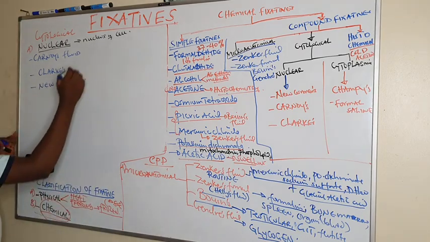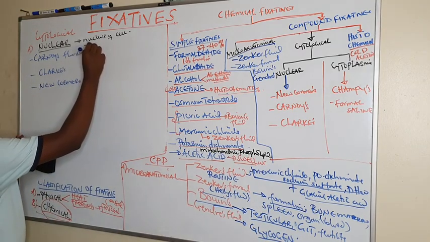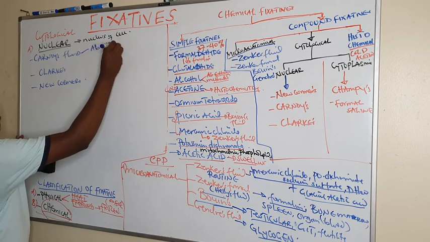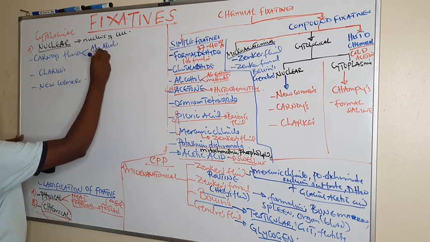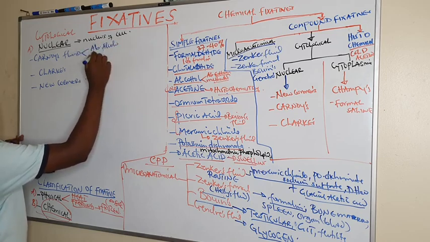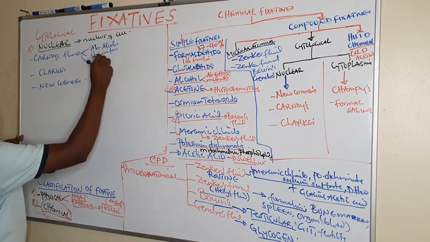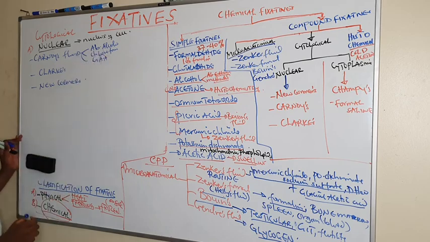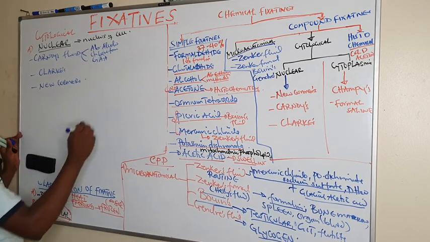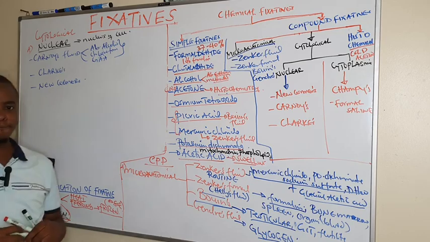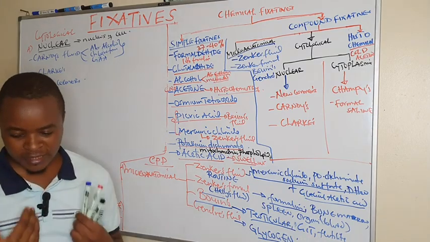And this canoid fluid majorly contains absolute alcohol, chloroform, and glacial acetic acid. This is the composition of canoid fluid. This canoid fluid is the one responsible for preserving the nucleus of cells.